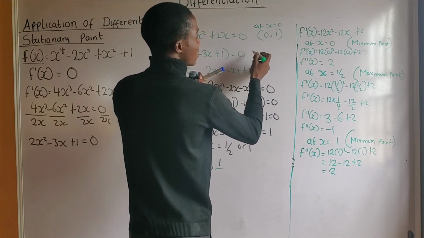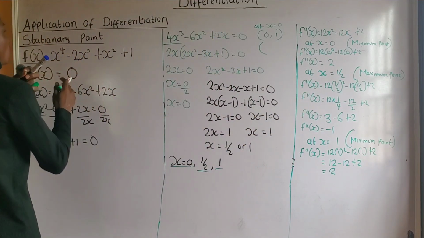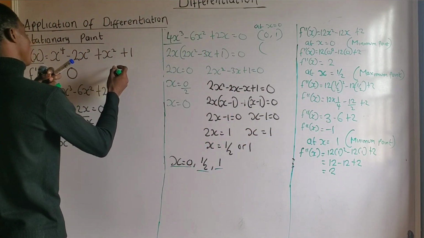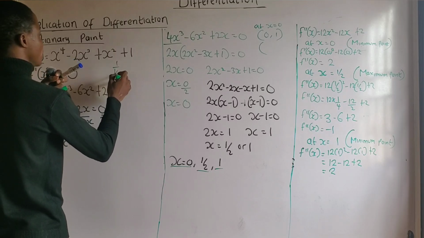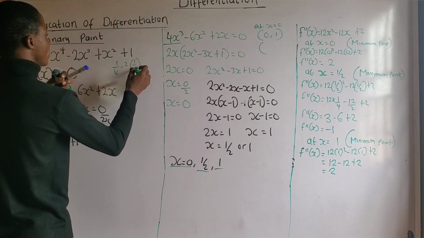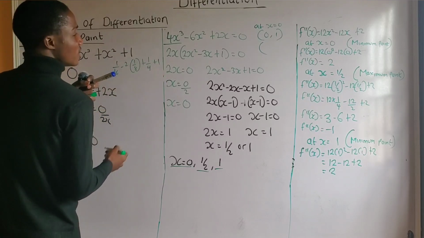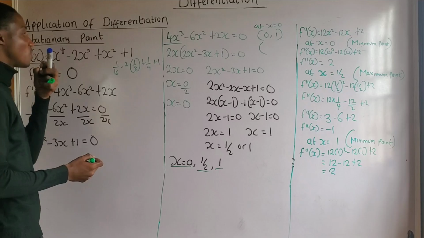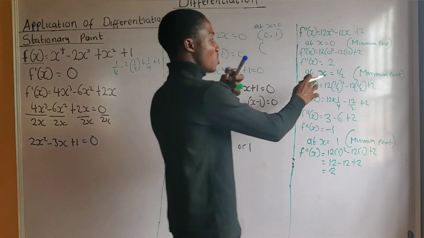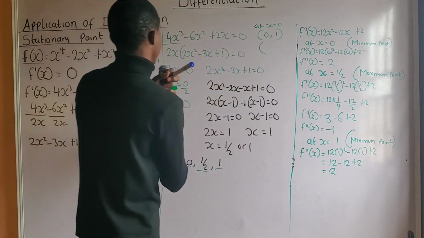That is a minimum point. Now, at x equals 1 over 2, you're going to have 1 over 2 raised to power 4, that is 1 over 16, minus 2 multiplied by 1 over 8 plus 1 over 4 plus 1. What I did was just substitute the value of x as 1 over 2. I want to get the corresponding value of f of x, the second value.